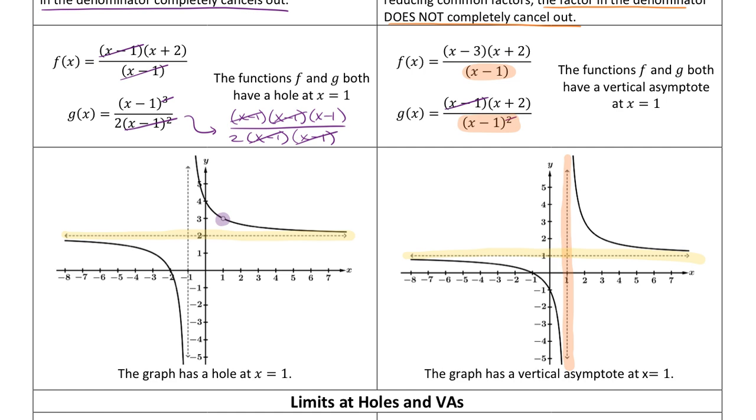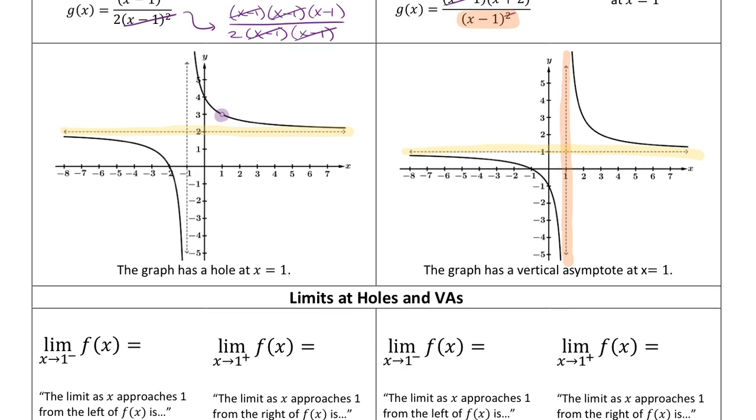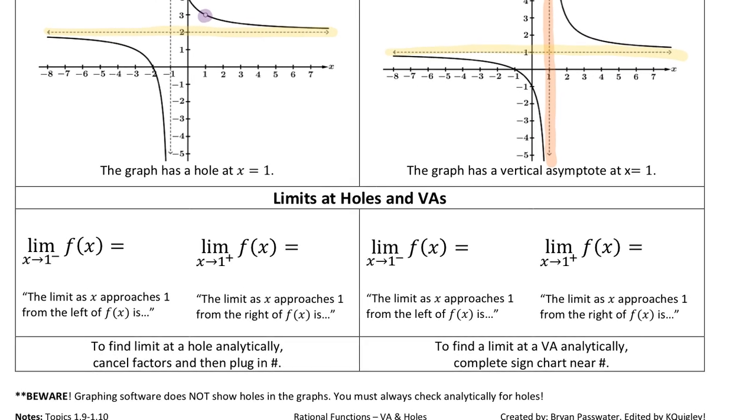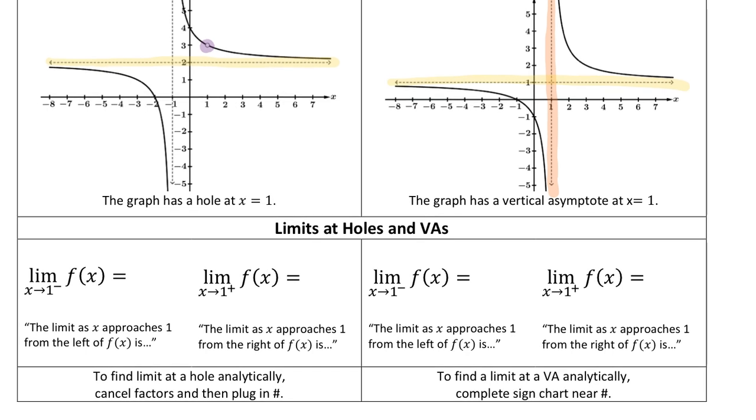Once we have these visual tools of looking at vertical asymptotes and looking at holes, we can start to expand our concept of limits by writing the limit statements at these vertical asymptotes and holes. So if we're looking at this graph right here on our paper, we're going to write limit statements that are approaching the hole.